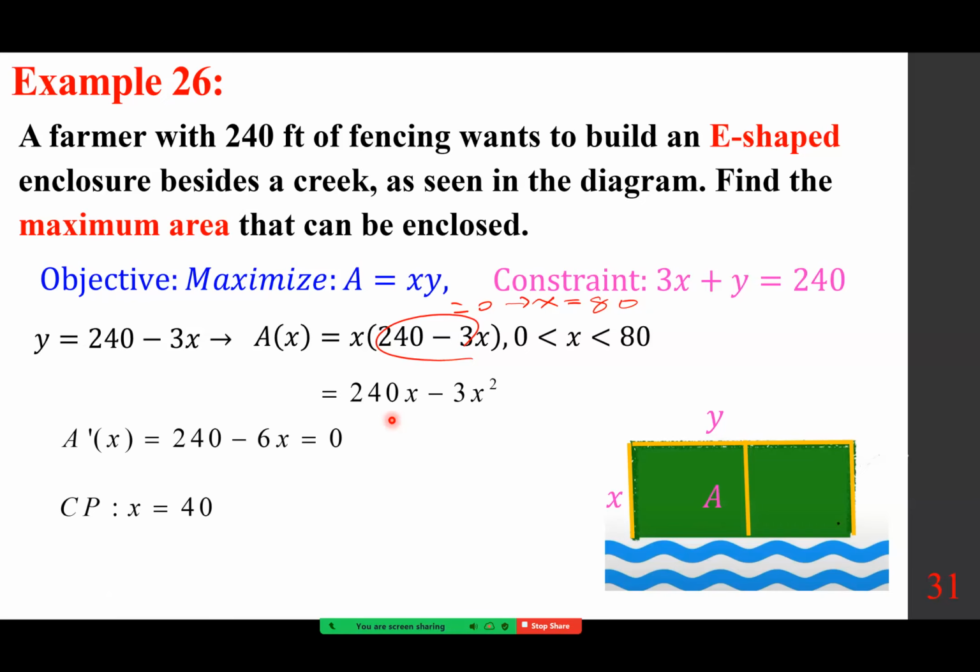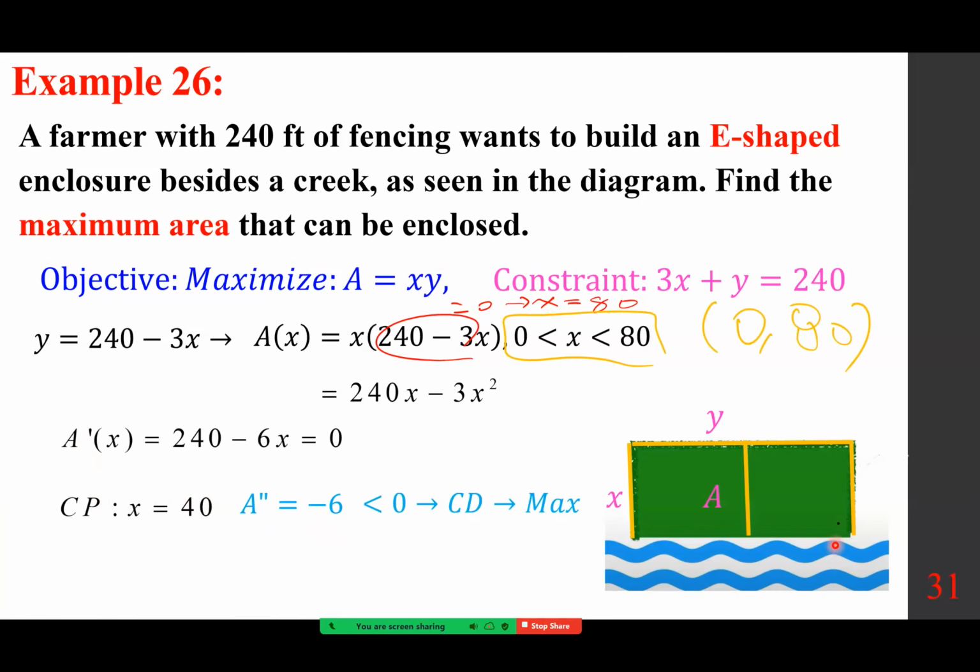Since we have an open interval of 0 to 80 with one critical point, this is not only local, it's also absolute. Minimum or maximum, we don't know yet. If you take the derivative again, A double prime is negative, means concave down, means maximum.